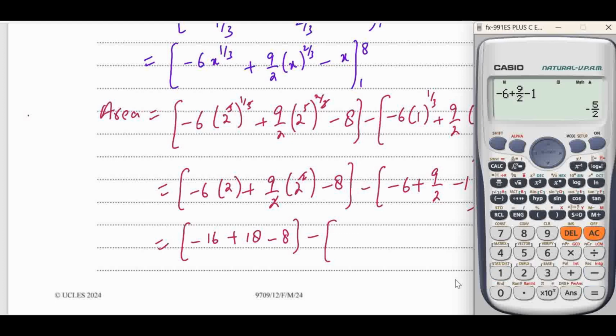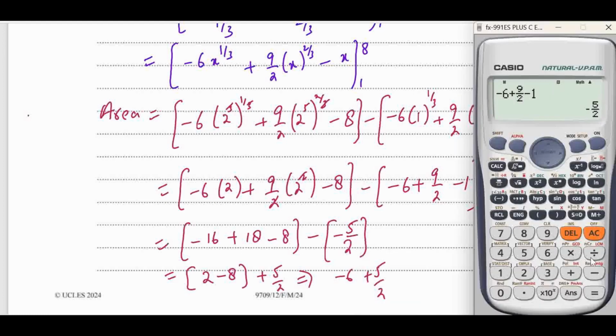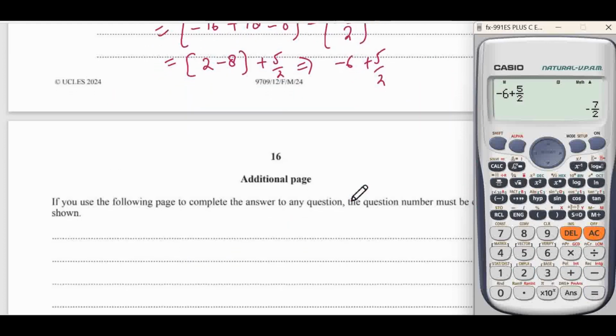So this will be minus 5 by 2. Let me write it over here, minus 5 by 2, and then this will be 2 minus 8 plus 5 by 2, and minus 6 plus 5 by 2. So this will be equal to minus 7 by 2.